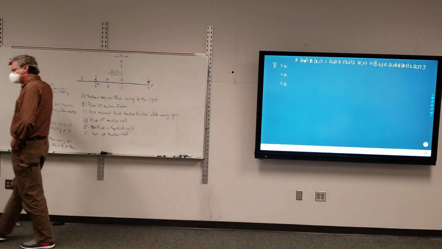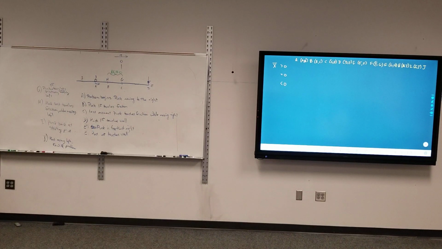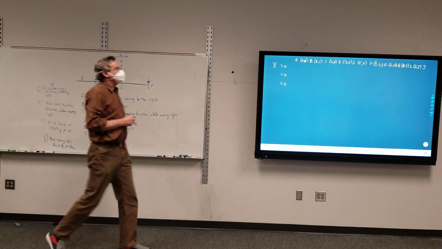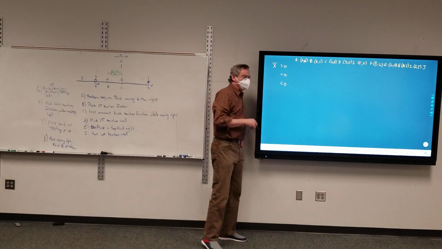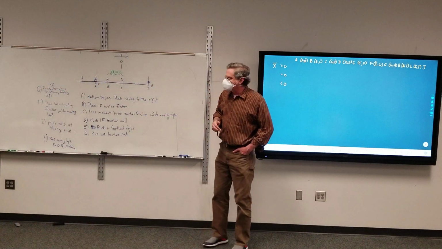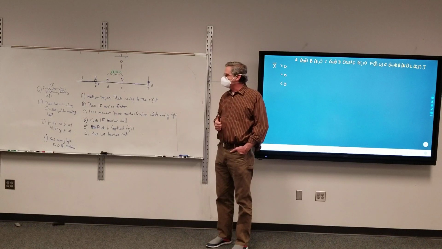All right, so, any questions right now on what the problem is? All right, so we'll start out with what I view as one of the two simplest ones, as long as you remember which is which.